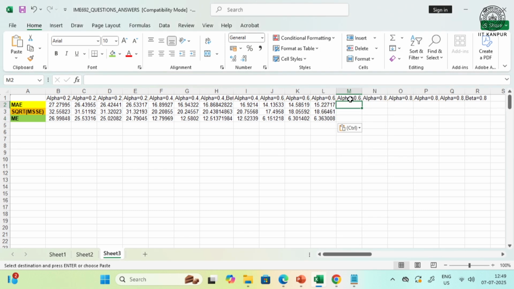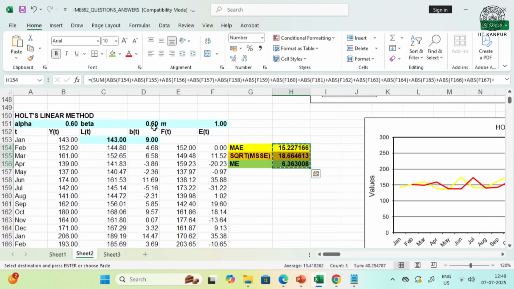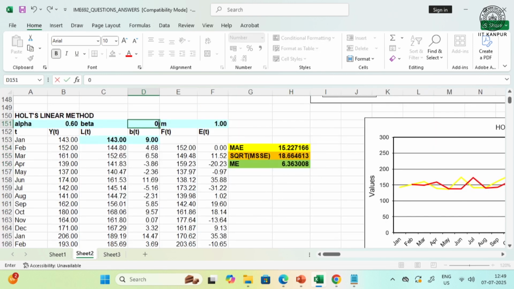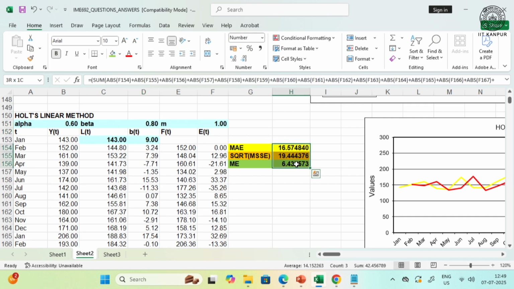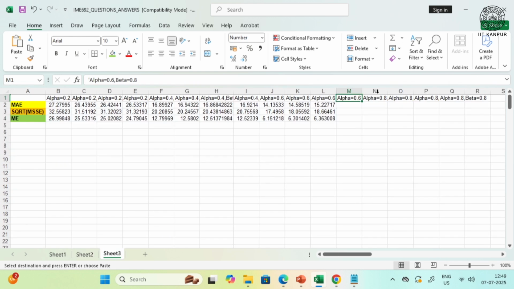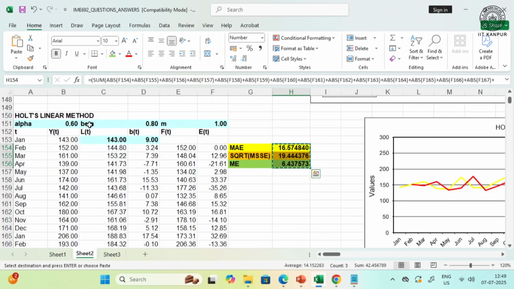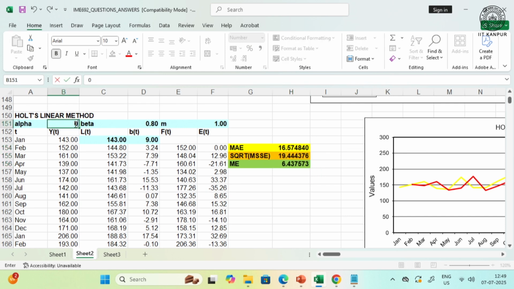Then I go to 0.6 with 0.8 of beta. Values copied, pasted, done. Then I increase alpha to 0.8.